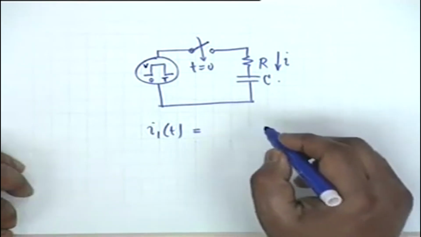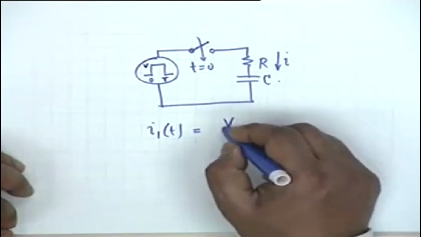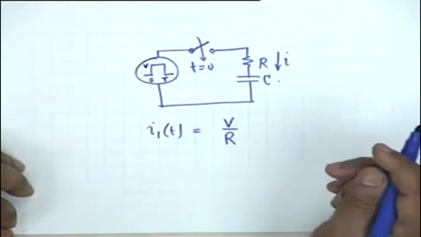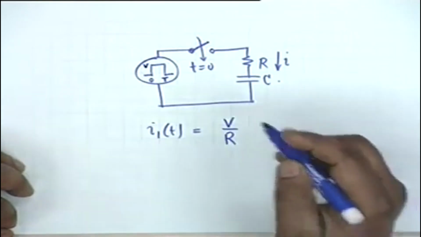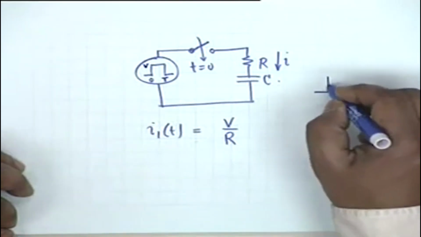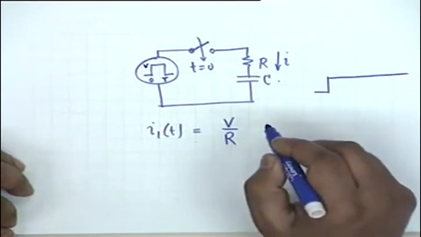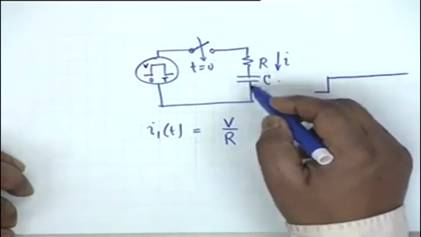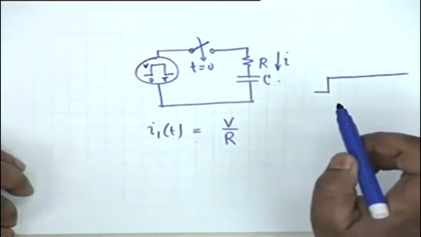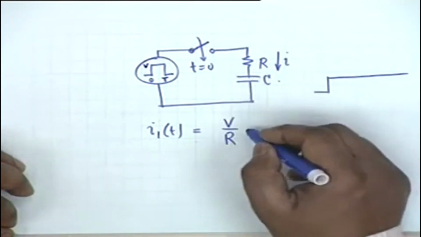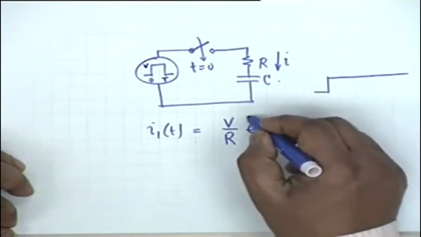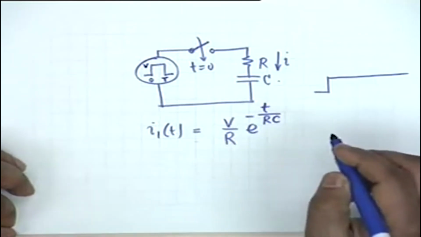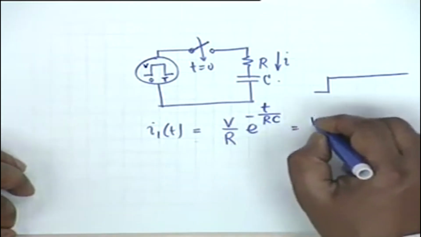We know that this would be V by R. If I simply apply a voltage like this, then the initial current would be V by R, because initially the voltage across C is 0, and therefore it will be V by R. Then it would decay with time according to e to the minus t by RC. Alright, let us call it V by R.